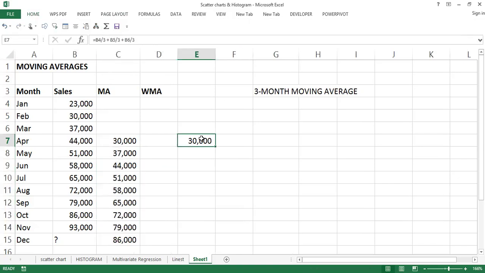What I'm trying to show you is that you are doing exactly the same thing to each of these months. You are dividing each one by 3, adding it to the other one, adding it to the other one. What I just did here is exactly the same as this one, which is also exactly the same as if we simply use the average function.